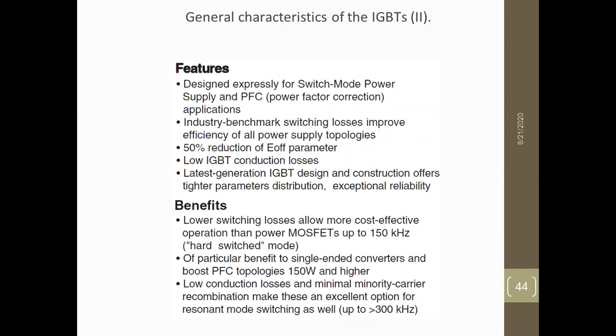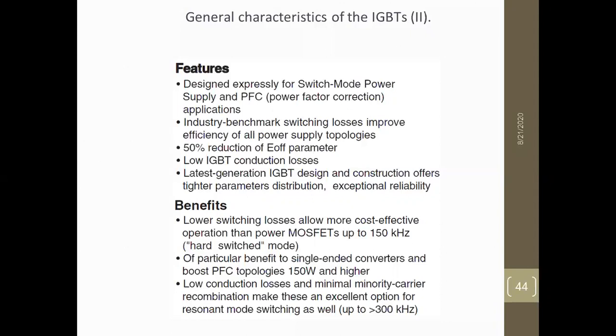What are the benefits of these IGBTs? Lower switching losses, and more cost-effective operation than power MOSFETs up to 150 kilohertz. That is soft switching and hard switching. MOSFETs are used for low power converters only, and for lower frequencies, that is 100 kilohertz or 50 kilohertz. But IGBTs can be used up to 150 kilohertz frequency also.